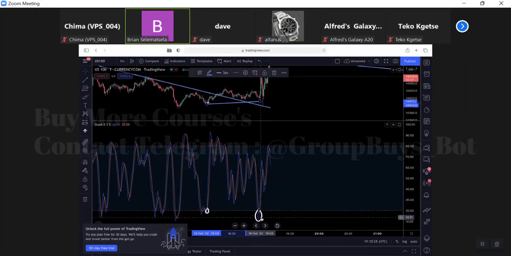When the stochastic was there, the market was there. So that's what we call divergence, which is a technique that we use in order to make any form of entry on the markets.